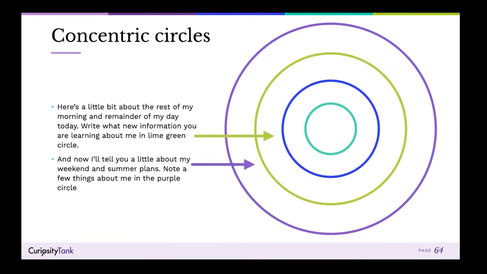And let's go into the green circle now. And I'm going to tell you a little bit about the rest of my morning and the remainder of my day-to-day, right? And write what new information you're learning about me in the lime green circle. So after I reviewed my calendar, I woke up my 7-year-old daughter for school, and I helped her get dressed and fed. And then we did her hair in pigtails, brushed teeth, and I drove her to school.